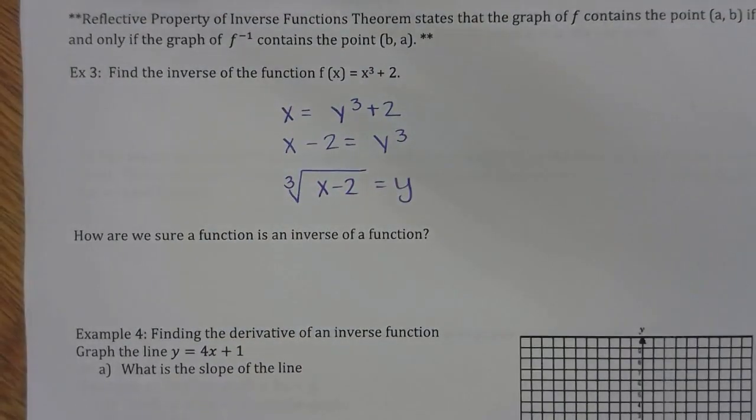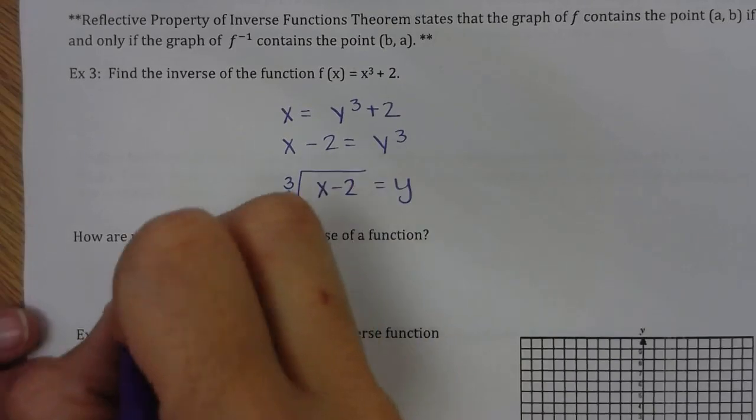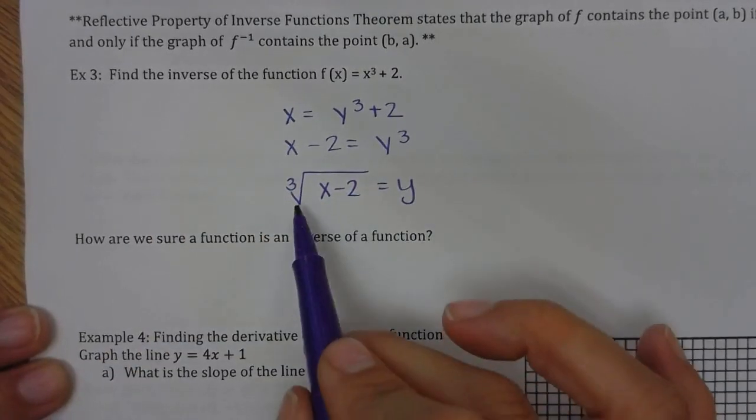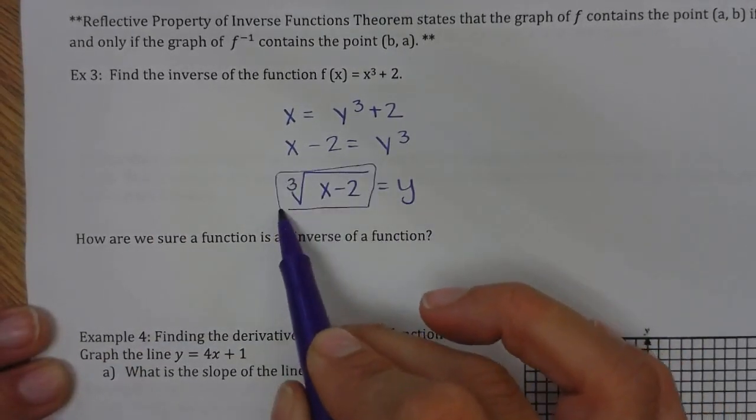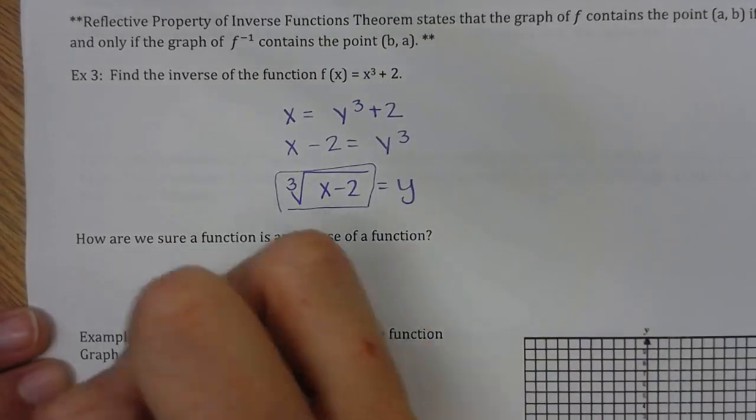All odd functions have inverses because all odd functions are 1-to-1. So we know this is an inverse because it is odd. We could also confirm algebraically by taking our inverse and plugging it back into the original.